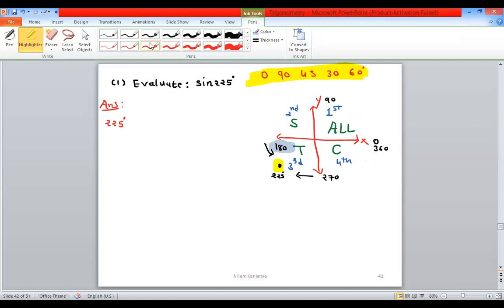So definitely I want to add something, and it will be any 5 of them. So what can we add to 180 to become 225? If I add 45 to it, it will become 225. If you are not sure, you can add it.